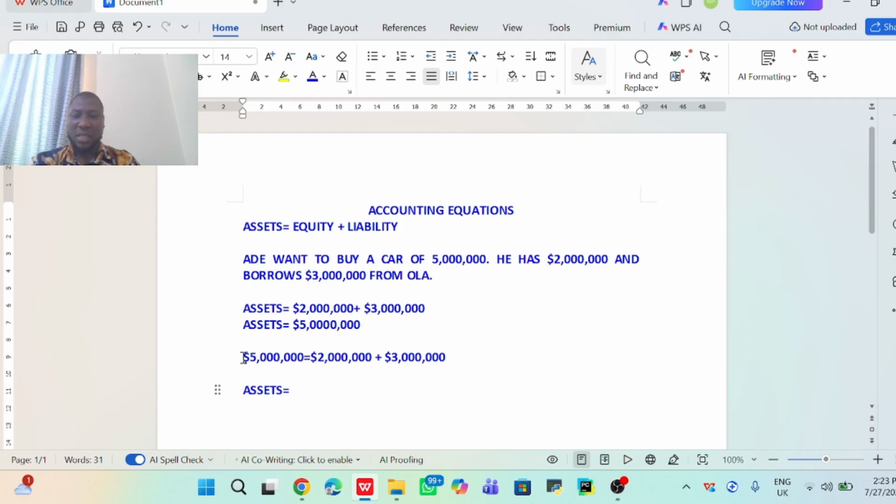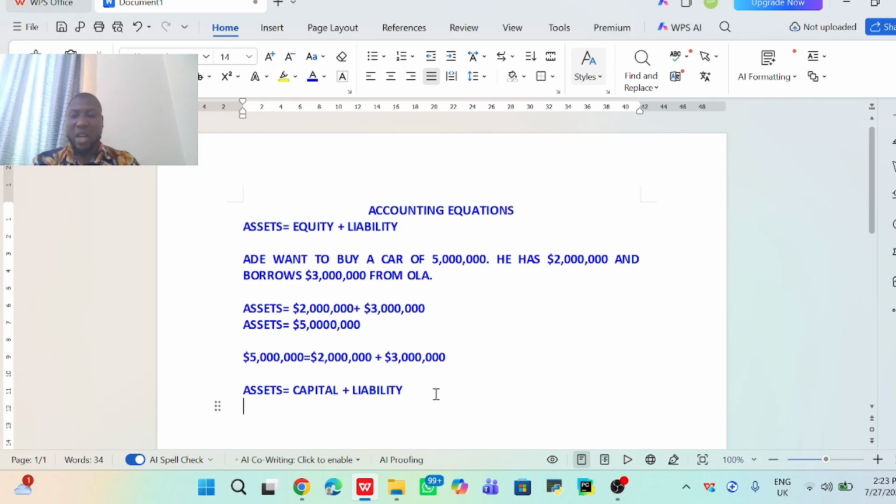We say asset equal to capital plus liability. Capital, in a layman's definition, means the amount of money you use to start a business. Here, Ade wants to buy a car. He has 2 million naira. This 2 million naira is the capital, while the amount of money he borrowed is a liability.